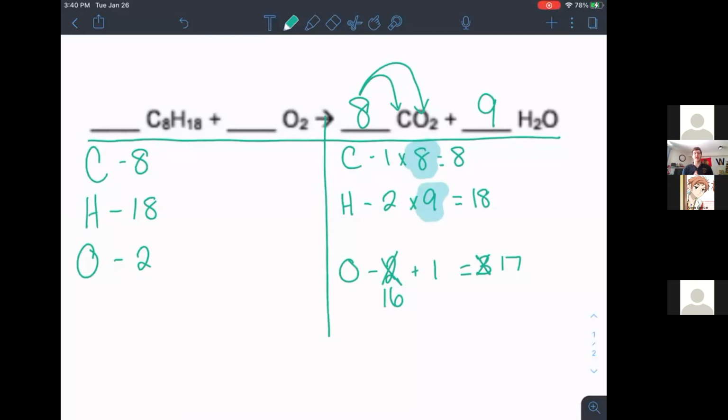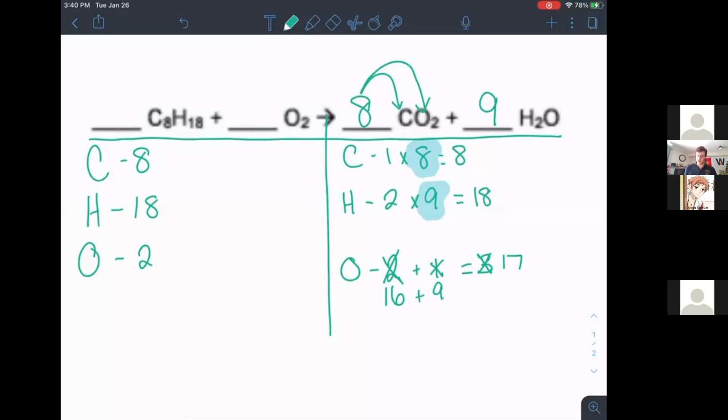And that changes the hydrogen. Does it also change the oxygen? Yes. All right, so how many oxygens do I have just from the H2O? 9. 9, all right.